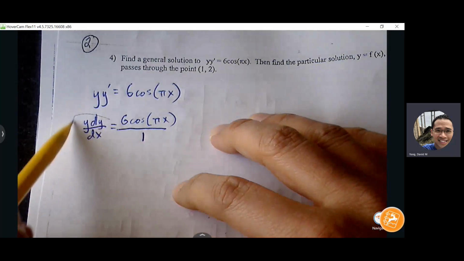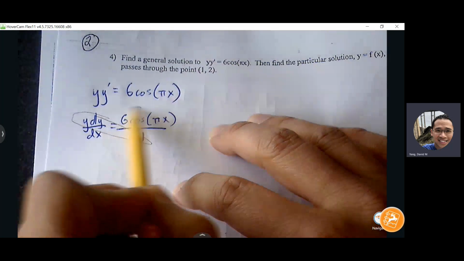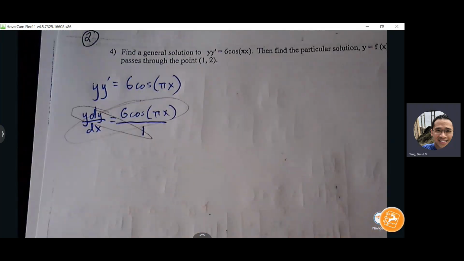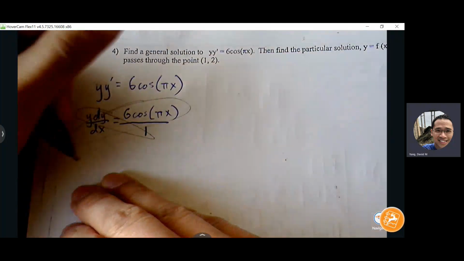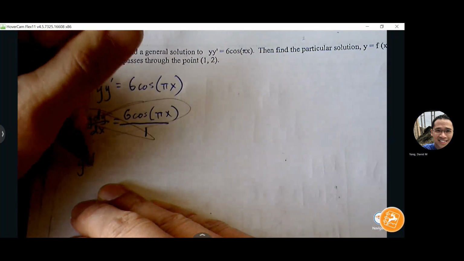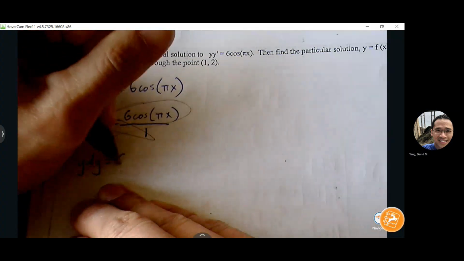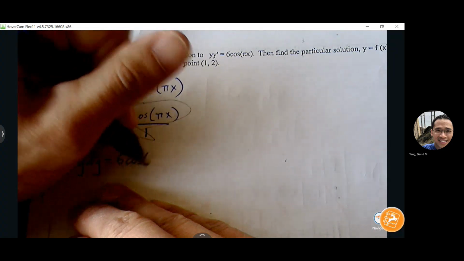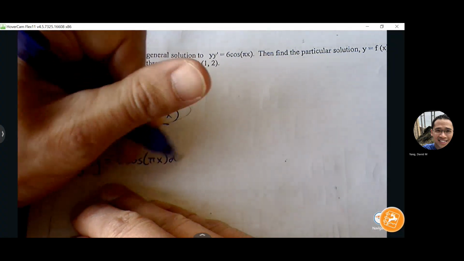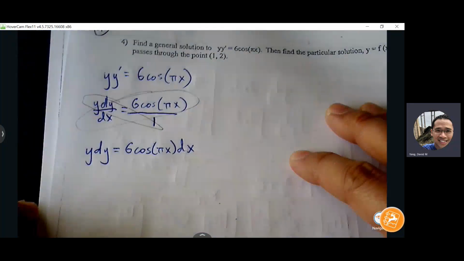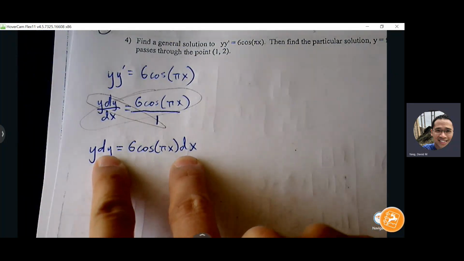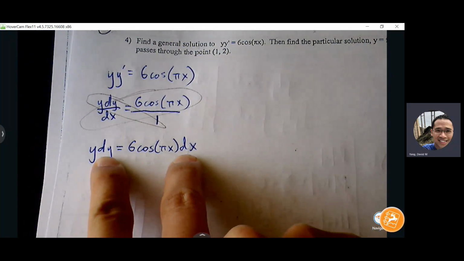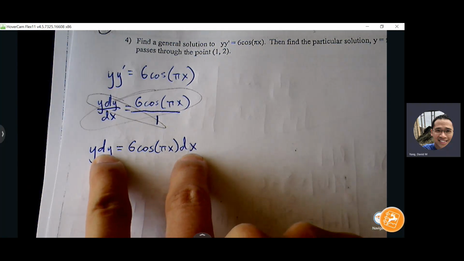Cross multiply just to get the dy dx's in their proper places. So my first priority is just trying to get the dy dx's in their right places, okay? Both in the numerator, one's on the left, one's on the right. So that's what I'm trying to get to begin with.